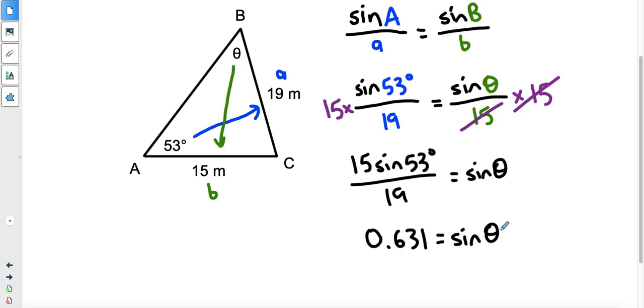But we're not done. I only found the sine of our angle. To find the angle itself, we need to find the inverse, right? We need to take the inverse of sine. Depending on your calculator, you'll see different buttons for this. You might see a button that's labeled inverse, or you might see the second button on your calculator. But you want to use that to find the missing angle.